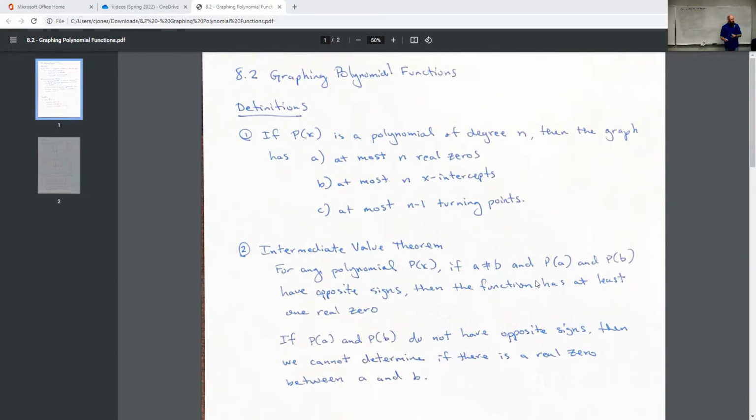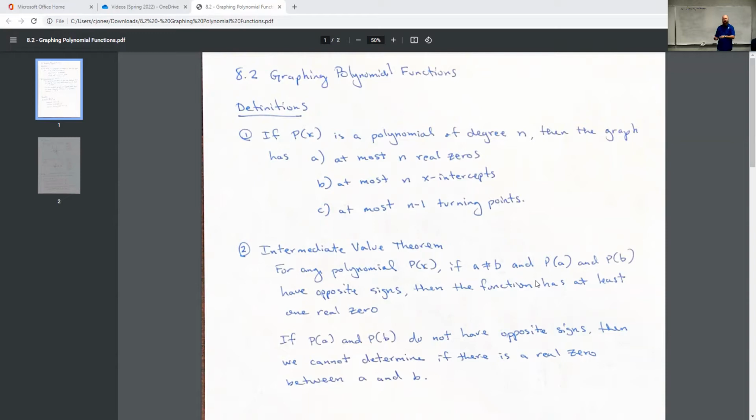Our second definition is called the intermediate value theorem. And it states that for any polynomial, if a does not equal b, we have 2 different numbers. If we take those numbers and plug them in, and P of a and P of b, so our y values, have different signs, then there's at least 1 zero between those, okay?